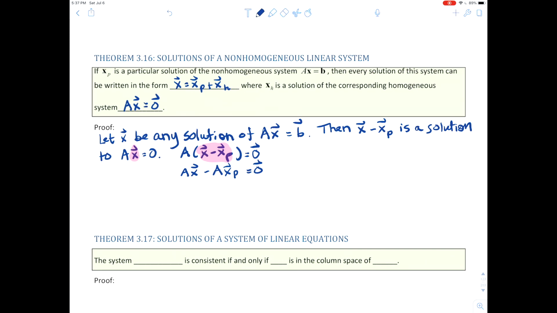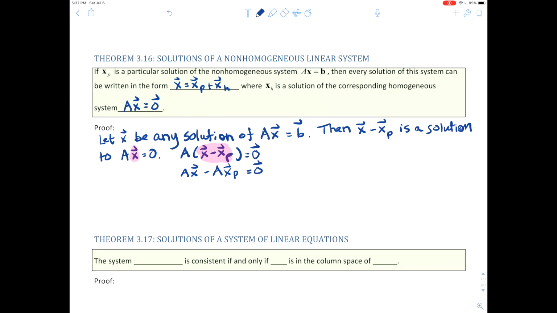But what is X? Isn't X a solution of A times X equal to B? And X particular is a solution to A times X equal to B. So we'd end up with B minus B equal to the 0 vector, right?